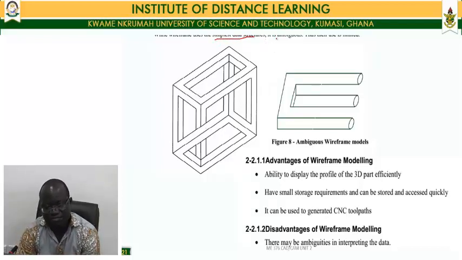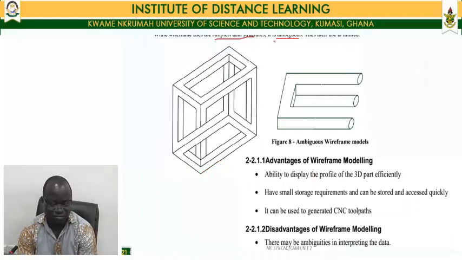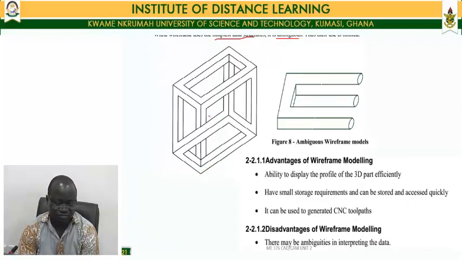But it is ambiguous. The reason why we say wireframe is ambiguous is that if you look at this image I have in view, if you are doing a representation in wireframe, it is very difficult to represent this point that I'm showing on the drawing because there is some interference in this view.